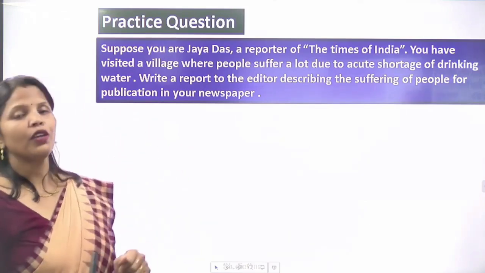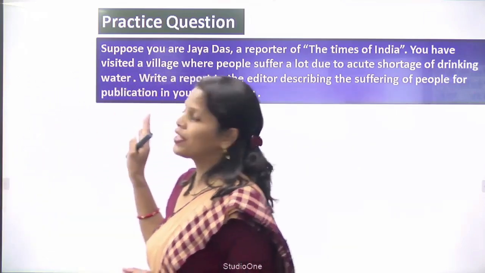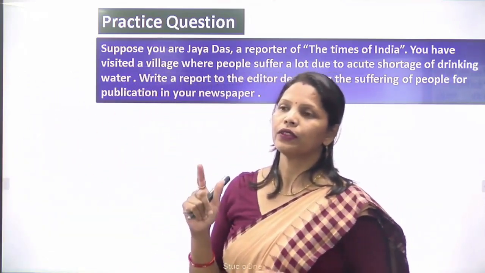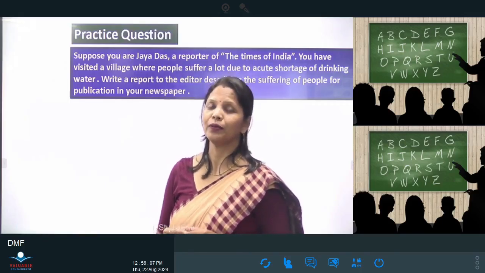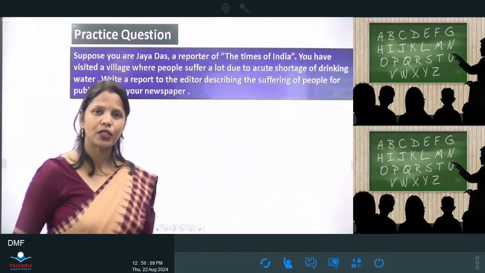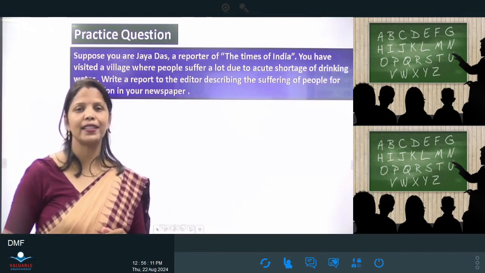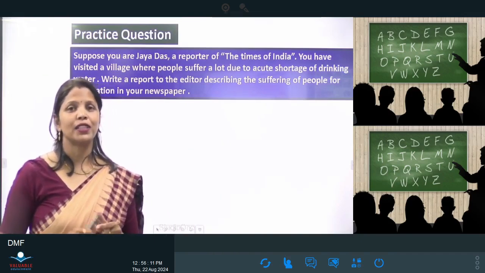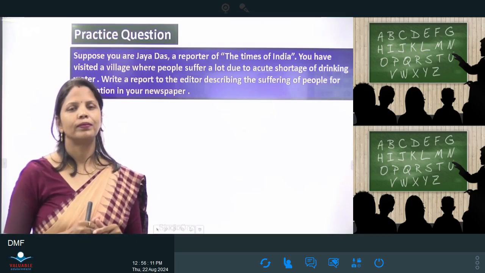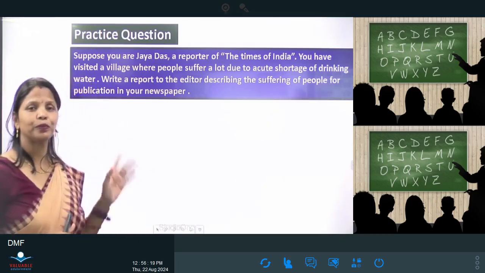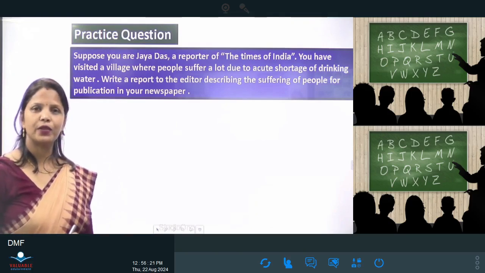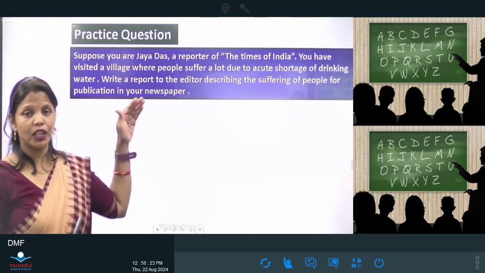So now tell me what comes first. At first, what will we write? Format. Write it in the copy. Very nice. Take out your notebook. Let me see. At first, what will we write? It starts from the left hand side. From the top, what will be there?